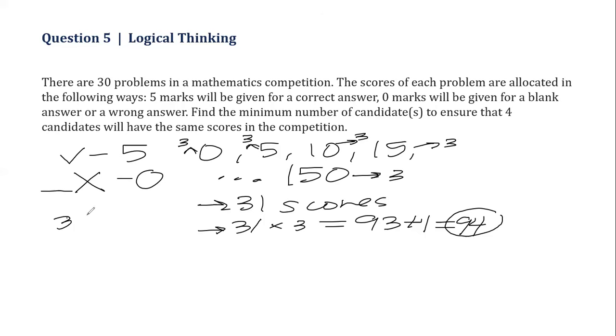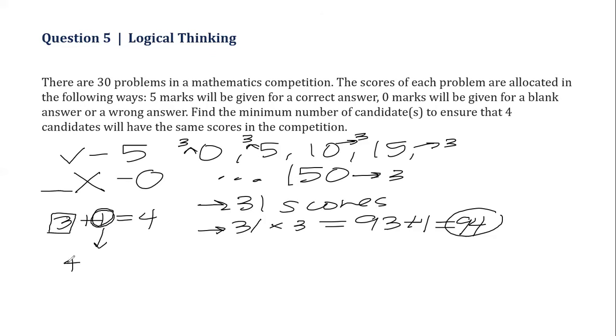So as I said earlier, 3 plus 1 is equal to 4. If we have 3 students that obtained 0, 3 students that got 5, and so on, and one more student takes the test, whatever score they get, we can make sure that there are 4 students that got the same score.